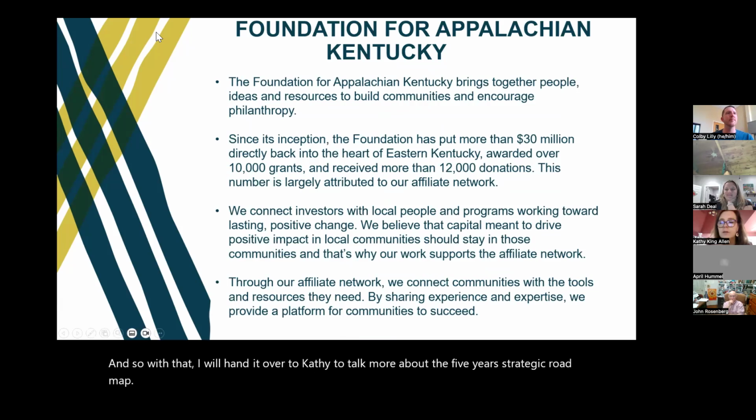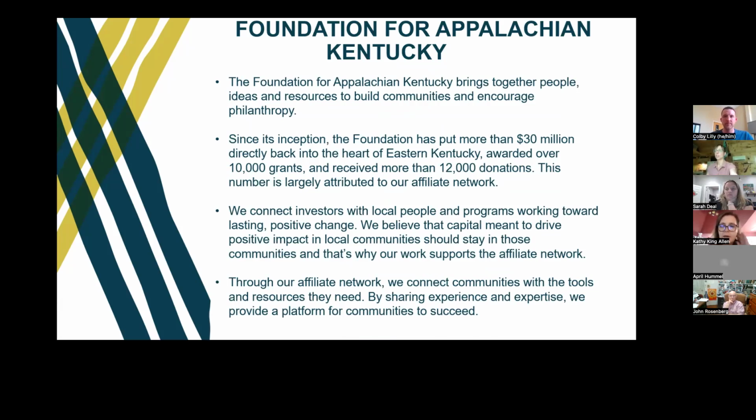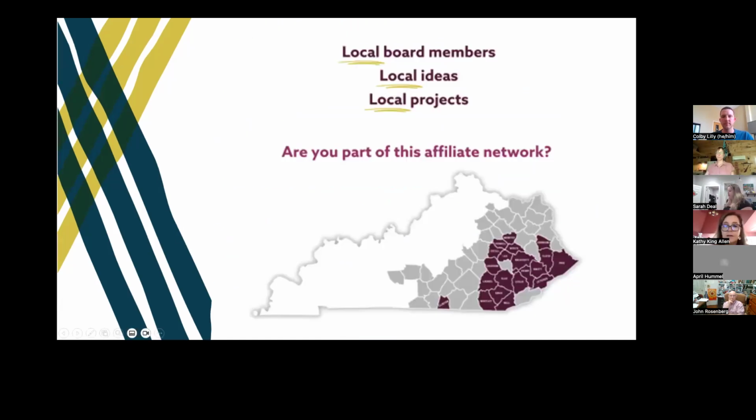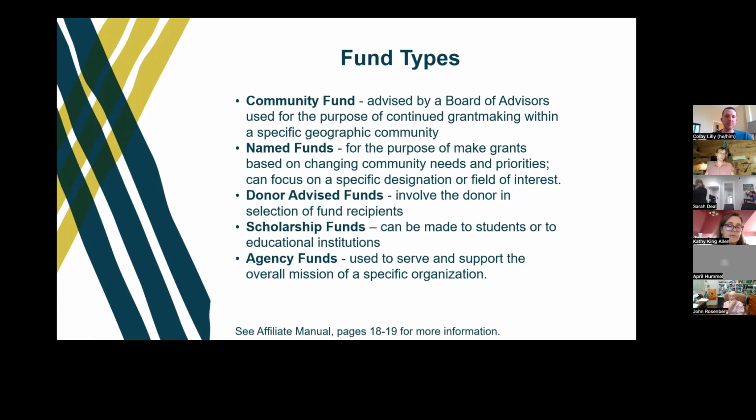I did want to mention the funds that Toby just mentioned, one or two slides back, the different types of funds. Those types of funds can be held under the umbrella of each affiliate. You can have a scholarship fund, you can have a donor advised fund that your board advises, or a name fund.